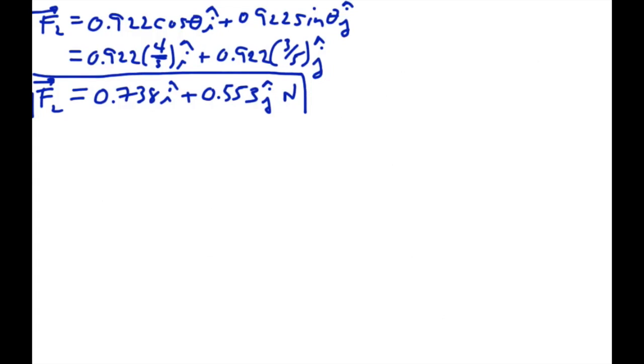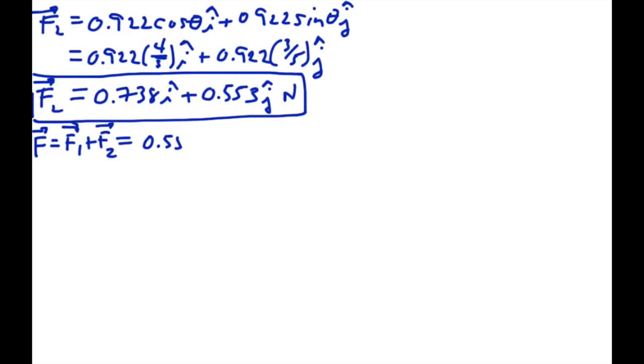We wish to add this to that first vector force. So we have that our net force, which is F1 plus F2, is going to equal 0.553 plus 0.738 i plus 0.553 minus 0.415 j.